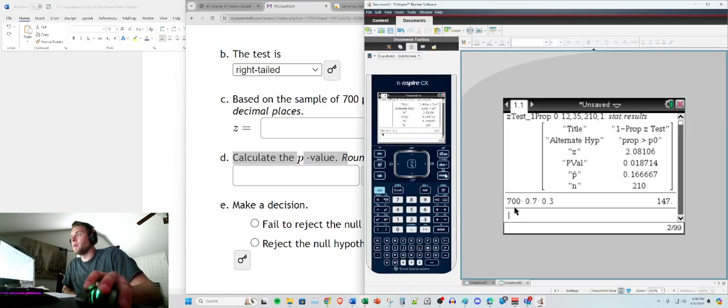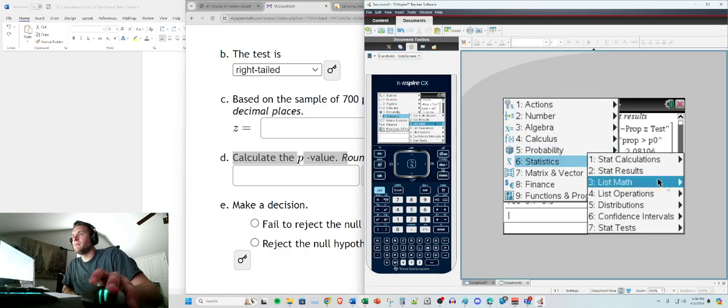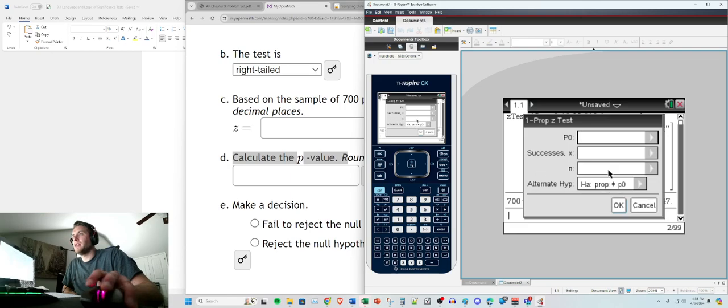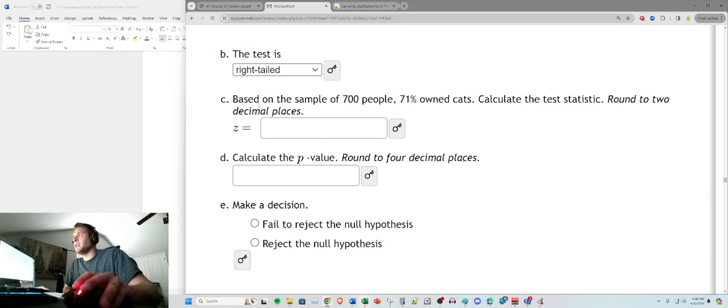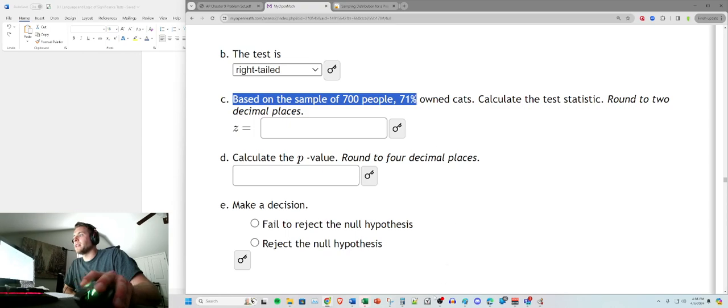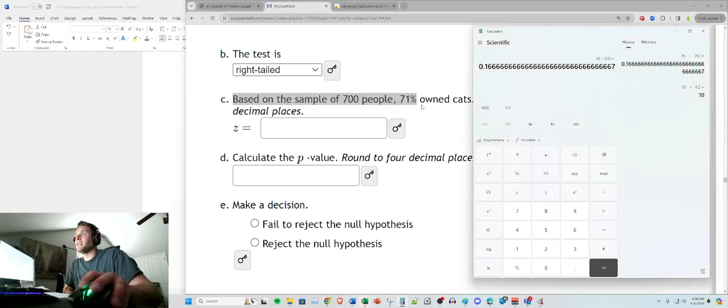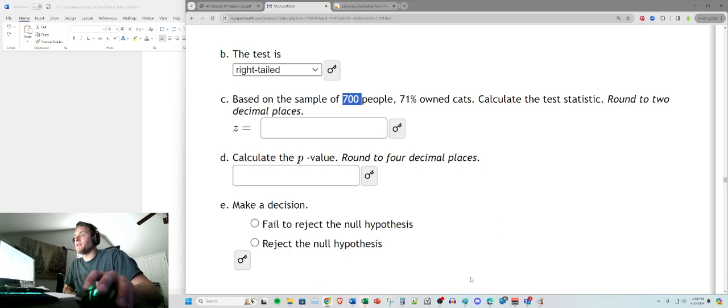So now we will go into our stat test. We know that our null hypothesis is 0.7. He said that in the sample of 700 people, 71% own cats. So we actually have to find 71% of 700.